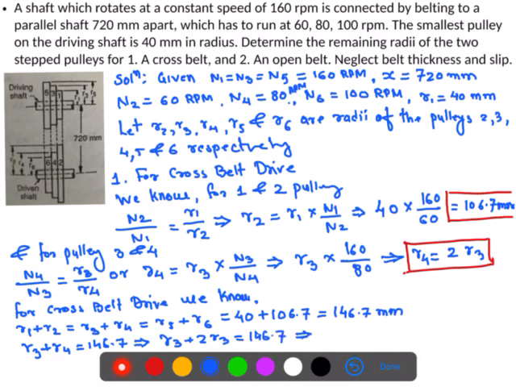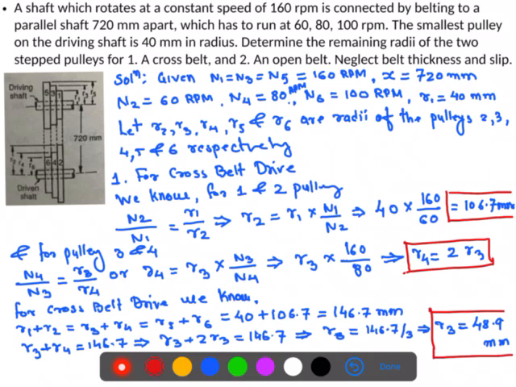This tends to R3 is equal to 146.7 divided by 3, and then R3 comes out to be 48.9 millimeter. So we got one answer, that is R3 is equal to 48.9 millimeter.